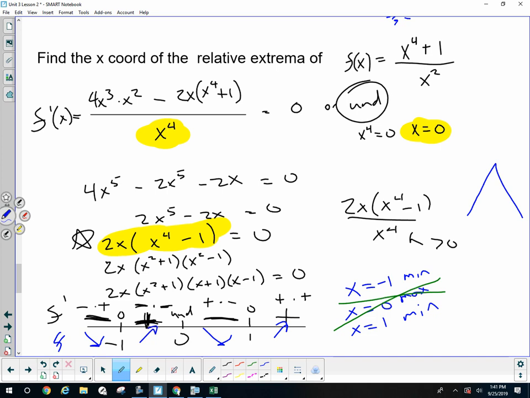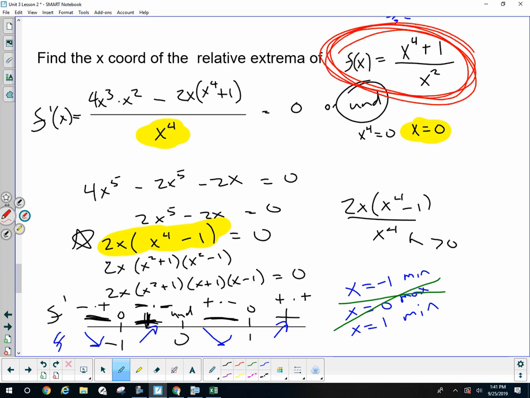What do I have, and why don't I have a max at x equals 0? See if you guys can talk about it. Just so you know what you should look at.